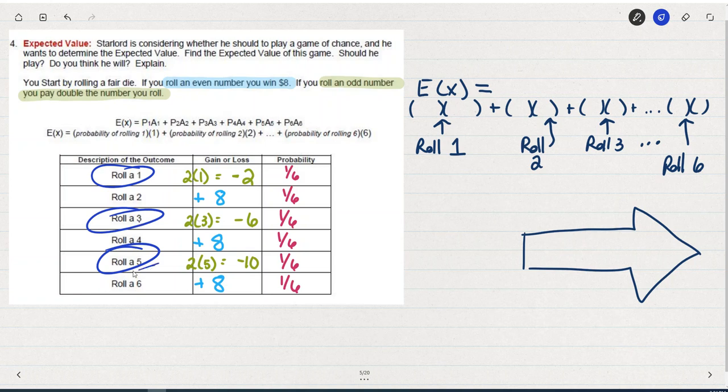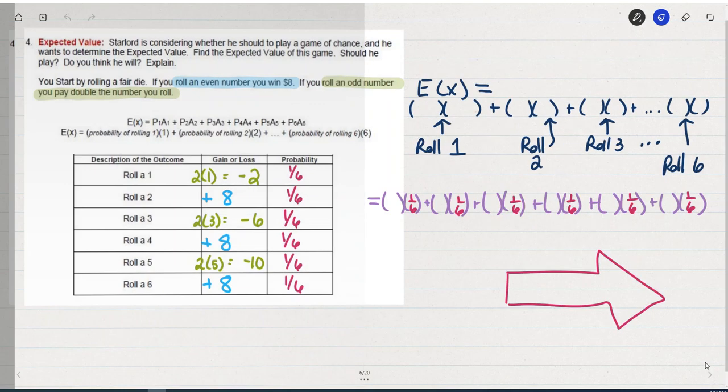When we write these out, we've got to consider each of the outcomes, rolling a 1, 2, 3, up to rolling a 6, and we're going to multiply the probability times the gain or loss.